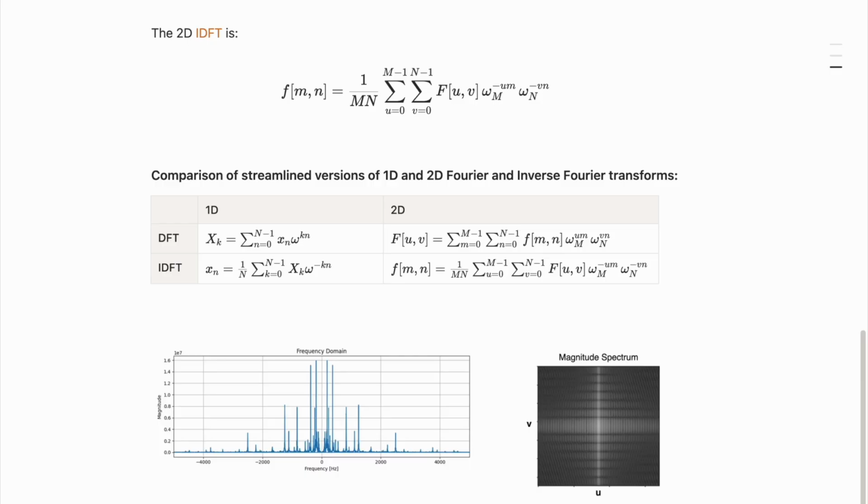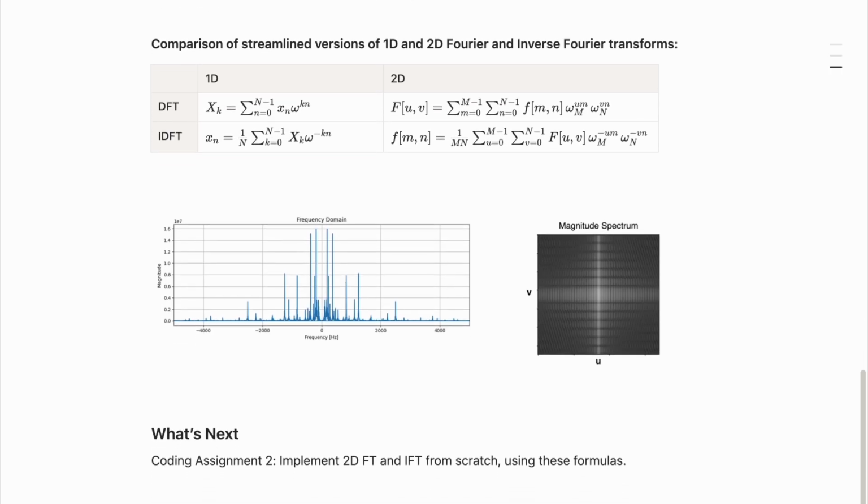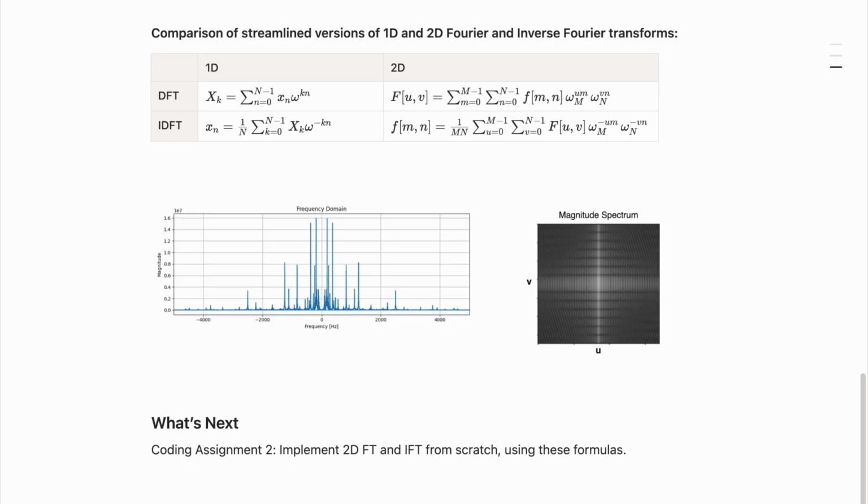We have negative u frequencies and positive u frequencies, negative v and positive v frequencies. And so we end up with this very symmetric plot that's symmetric across both the u and v axes. So what's next? Next, we're going to use these formulas to implement our own 2D Fourier and inverse Fourier transforms from scratch.